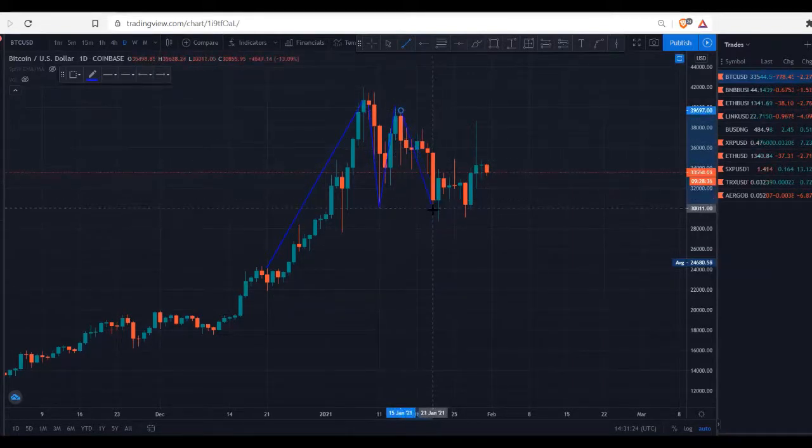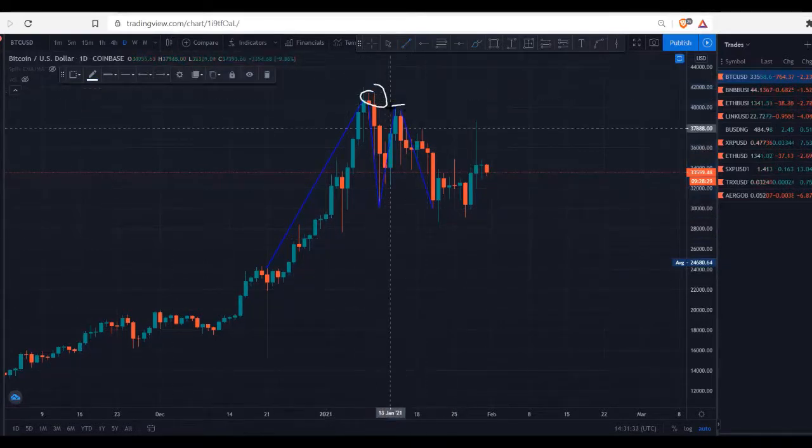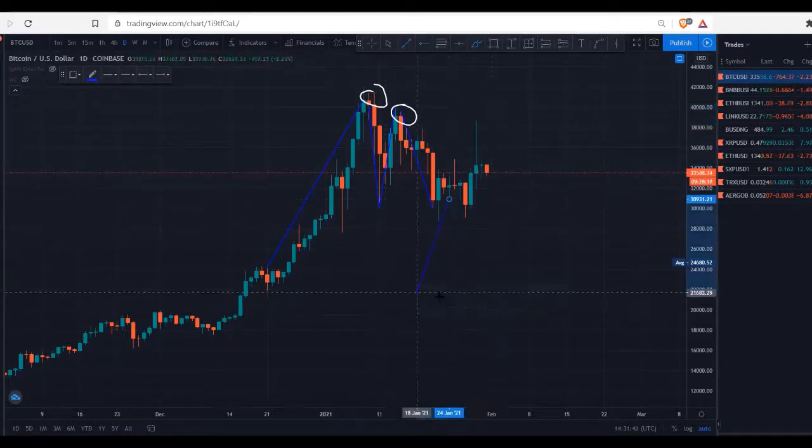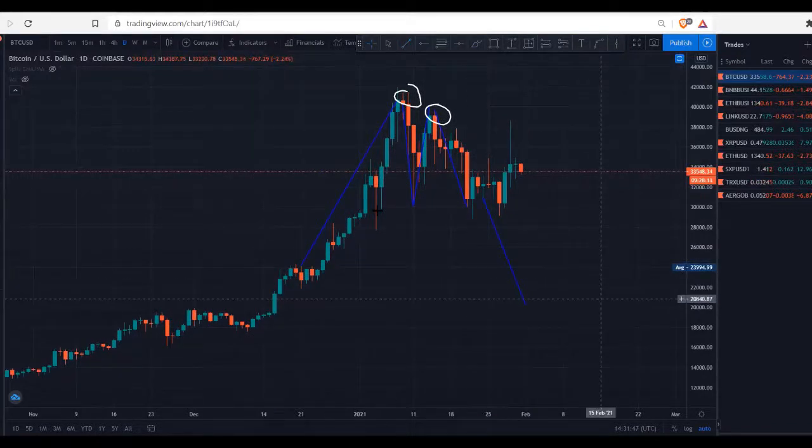Now, all these lines are not perfect, but I can see a double top. This is one top, this is another top, although not perfect. But this tells me that at a point in time I will have something coming down to this level. So at a point in time, Bitcoin is going to get back to 22,000.